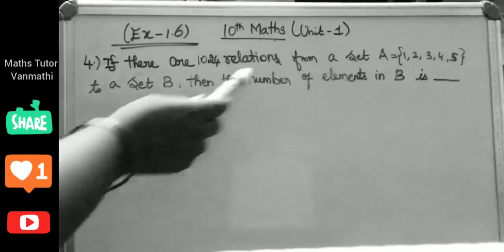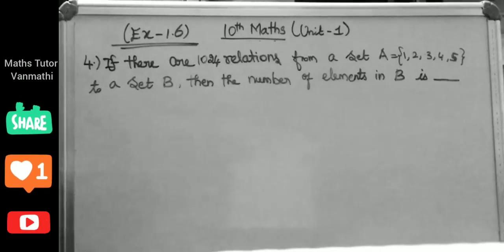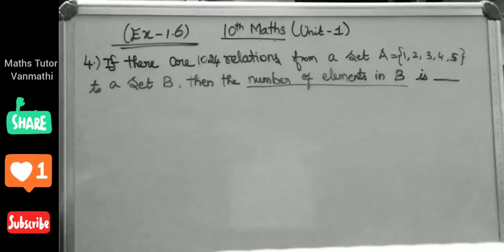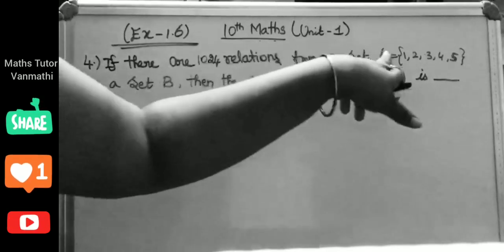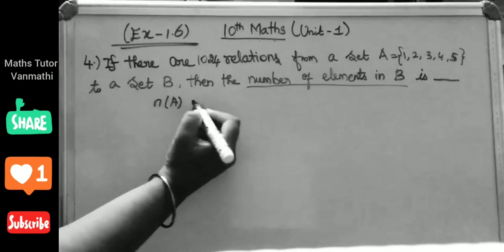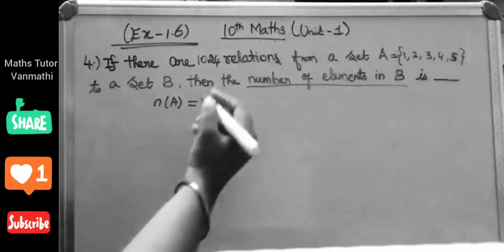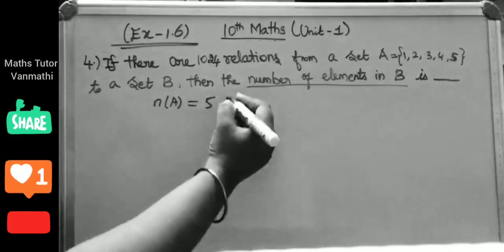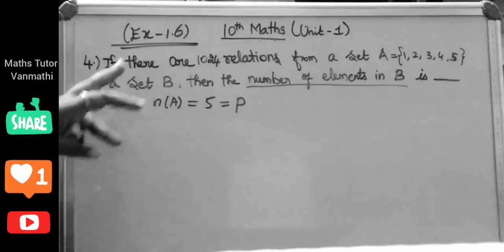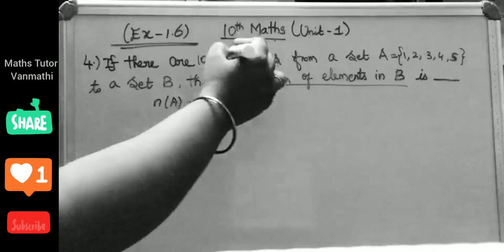Then we have to find the number of elements in B. Okay, for this we are going to take n of A, that is the number of elements in A, which is here 1, 2, 3, 4, 5 elements. So take this value as P. Clear? And the number of relations from A to B is 1024.